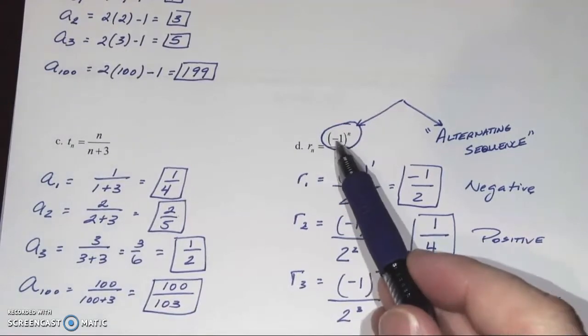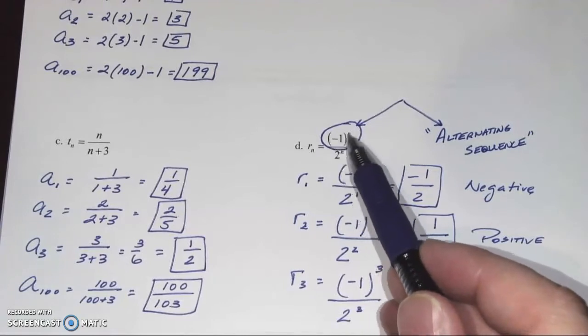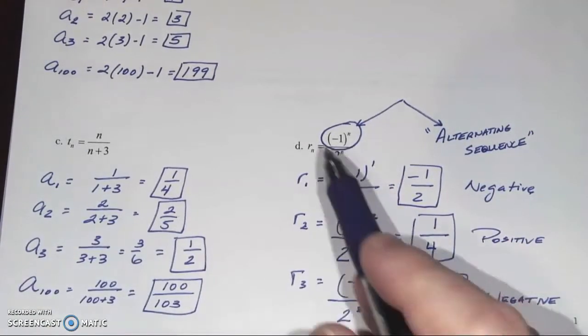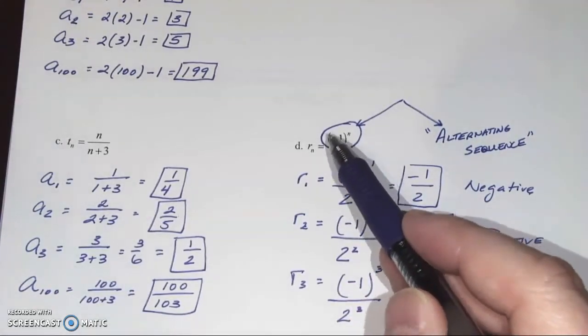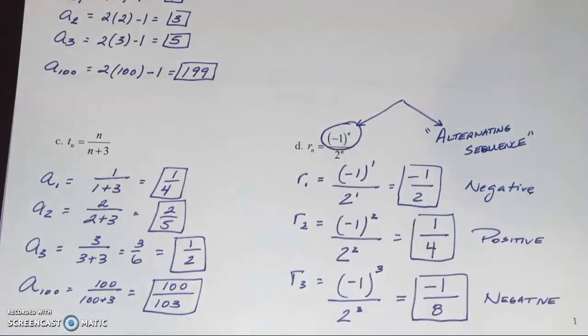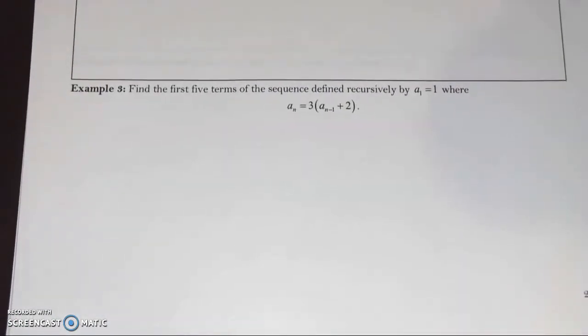Because if we plug in even or odd numbers here, it changes whether this is going to be negative or positive, and it does nothing to the rest of the sequence. All this is basically multiplying by some version of 1, either positive or negative, and which term it is just changes the plus or the minus sign, and we call that an alternating sequence. So you'll do B for a little bit of homework, and then you can check the key.